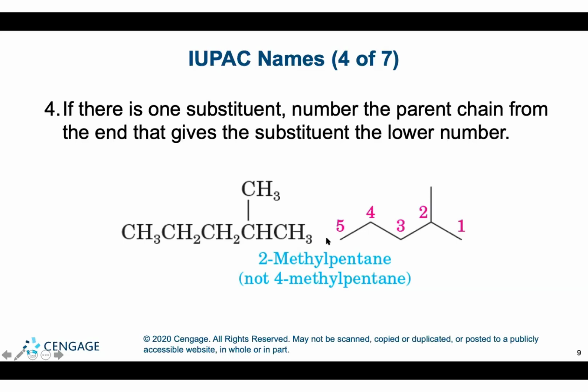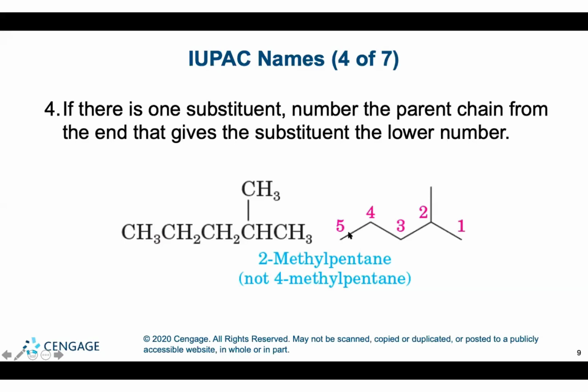Now it's important to see, as I said, we should reach the branch sooner, right? So I can start numbering from the right side, then the carbon that has a branch on it is getting number 2. But if I go from the left side, 1, 2, 3, 4, the carbon that has a branch gets number 4.